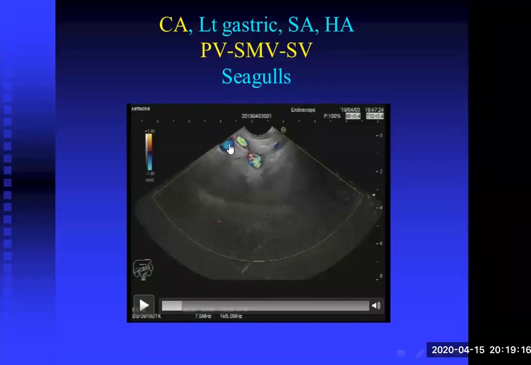This is the region, starting the region of the body of the pancreas at the level of the splenic vein. But let us concentrate on the branches of the celiac axis. That is very important because sometimes I find a malignant pancreatic body mass.